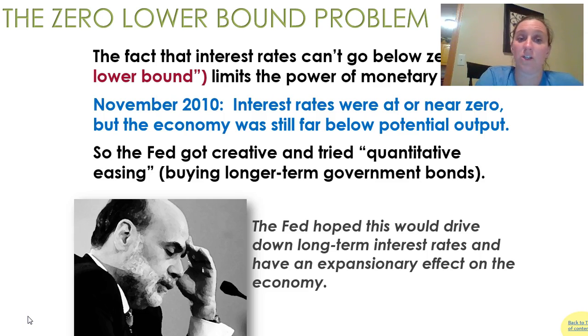So the Fed decided to do this creative thing back in 2010 that they called quantitative easing, where they would buy longer term bonds in addition to these short-term bonds. They were hoping this would drive down long-term interest rates and have an expansionary effect on the economy.